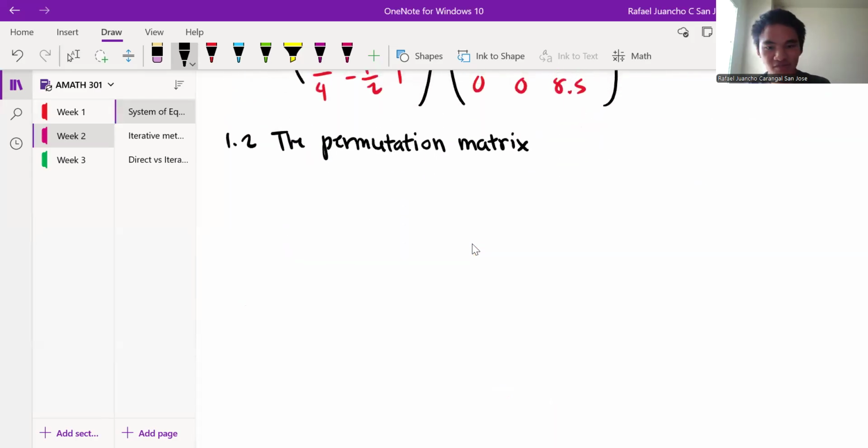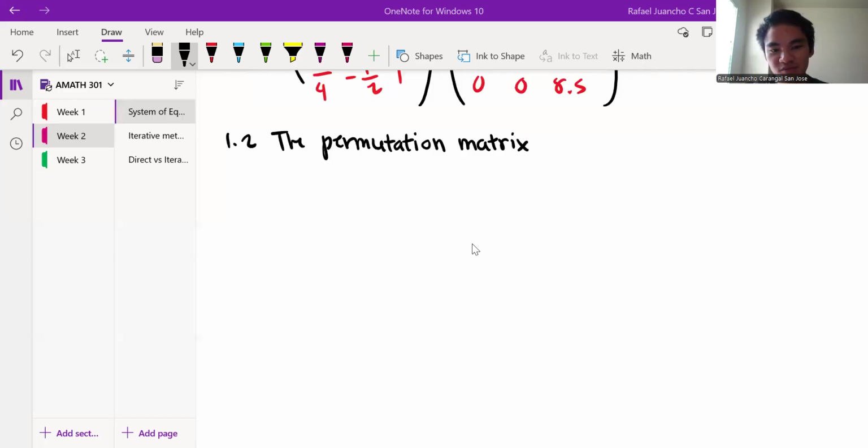Okay, and now we stop here at the permutation matrix. As will often happen with Gaussian elimination, following the above algorithm will at times result in a zero pivot. This is easily handled in Gaussian elimination by shifting rows in order to find a non-zero pivot.